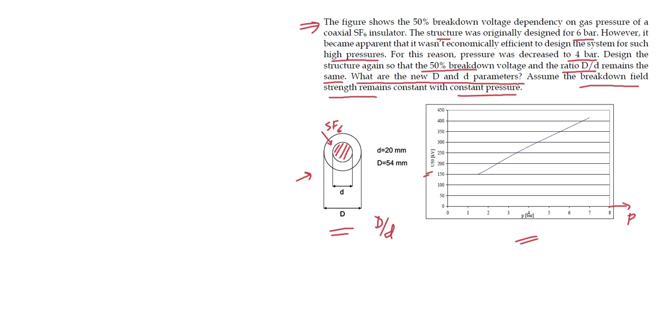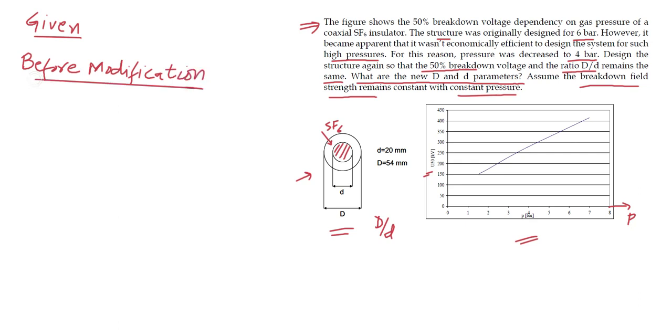Okay, so now let's summarize. What are we given? Before modification, let's suppose our pressure is equal to 6 bar.